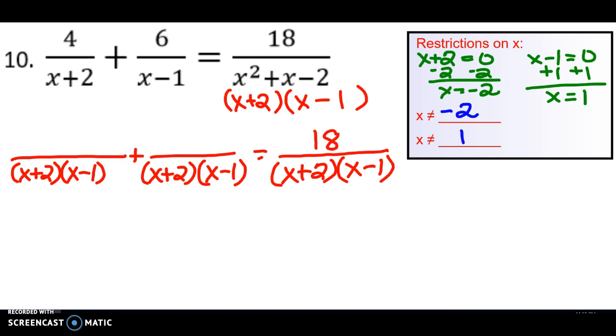So we can copy that 18 down. Now the first fraction, we need to multiply it by x minus 1 because that's what it's missing. So when I distribute that 4, I get 4x minus 4. The second fraction is missing the x plus 2. So we're going to multiply in the numerator, because we already multiplied in the denominator, times x plus 2. And when I distribute the 6, I get 6x plus 12.